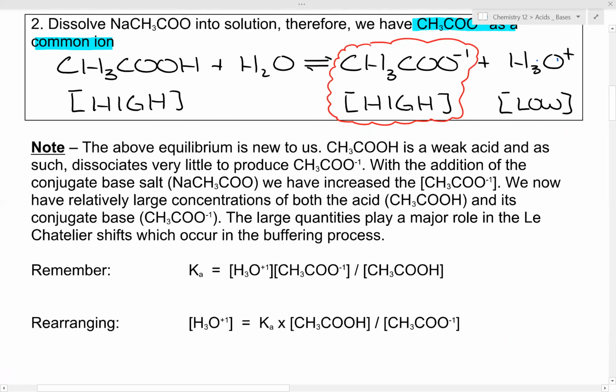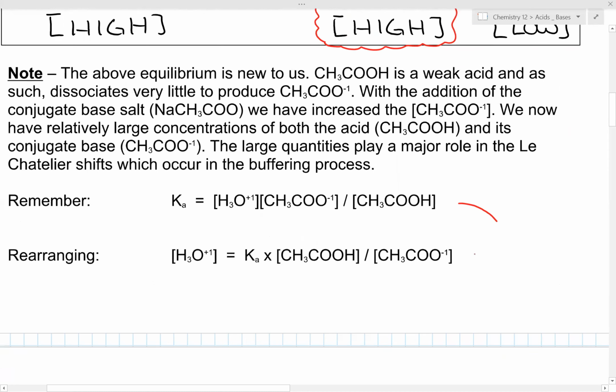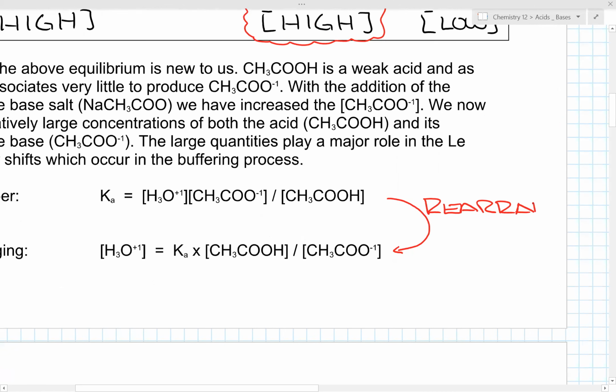But if we were to rearrange this, and just notice we're focusing on H3O plus, we find that H3O plus is equal to the Ka value times the ratio of the acid and its conjugate base ion.